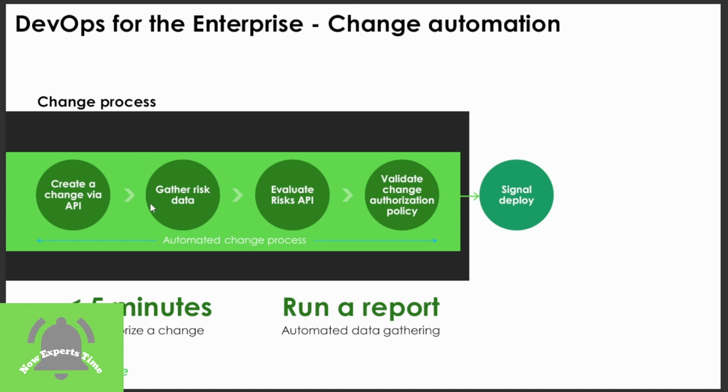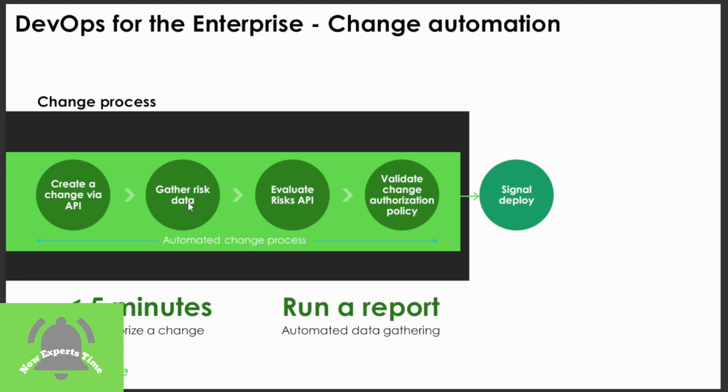If you see here, create a change via API. When you use DevOps Change Velocity, there is an API concept, that CI/CD API. That CI/CD API supports the handshake between two systems. Next, gather the risk data. What are all the risks if you implement the change in your infra environment?